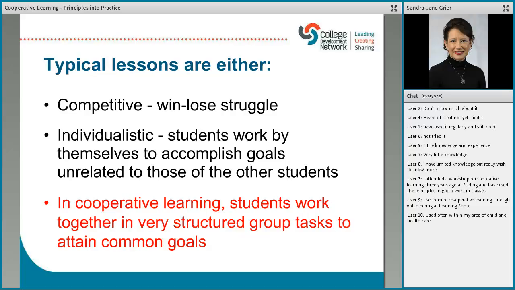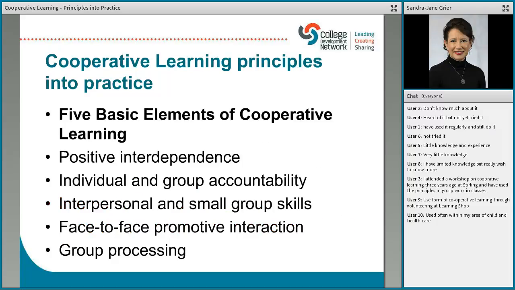And the other thing that's really important in competitive or individualistic learning or lessons is that social skills are often assumed to either already exist for learners, or the development of these types of social skills are usually ignored, and the focus is very much in subject content. So cooperative learning actually bypasses those and does so much more for learners and their learning.